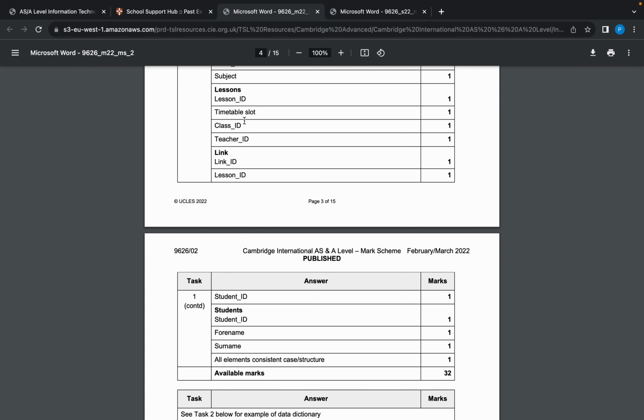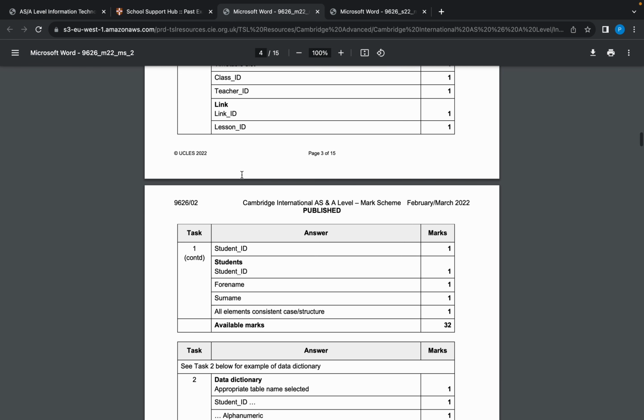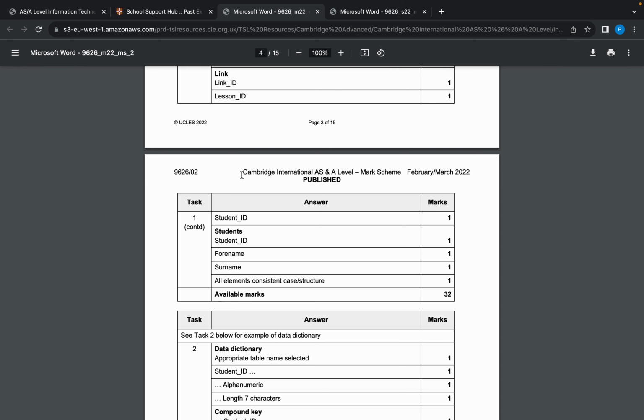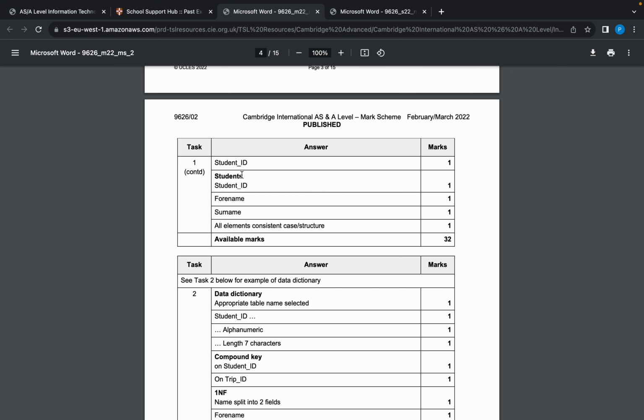No, you can't take a point for that one. Class ID, yes. Ooh, I drew this weird. Teacher ID, yes. And link ID, yes. Lesson ID, yes. Okay. So what are we on? 23, we're doing alright. We got more.